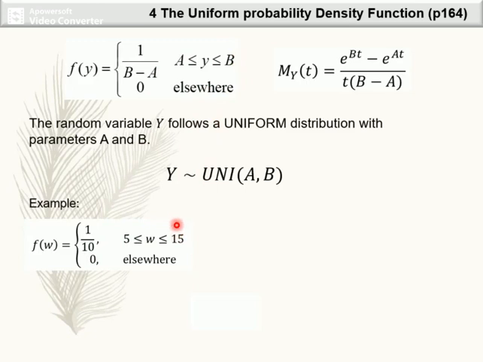So, okay, it might be a uniform distribution with parameters 5, 15. But now we just need to verify that this is equivalent to b minus a. So we said b is 15, a is 5, the difference is 10. So therefore, you can now conclude immediately, since it holds, that w has a uniform distribution with parameters 5 and 15. Let's do one more example.